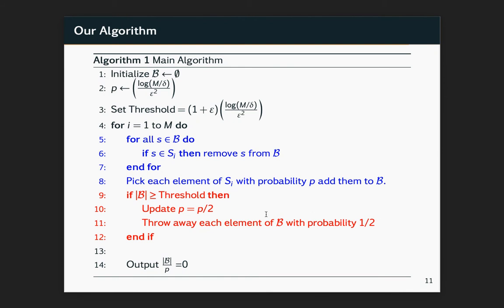This is the resampling that helps ensure that criterion 1 is still satisfied when we reduce P. And finally, we output the size of B divided by P. The correctness of the algorithm is not too hard to prove, and that's the beauty of this algorithm, the simplicity of this particular sample based algorithm.